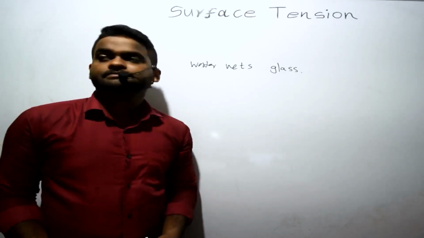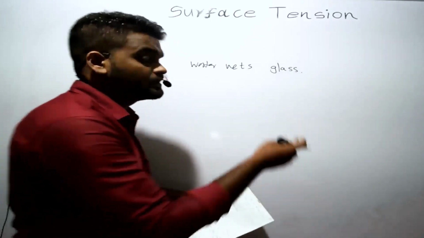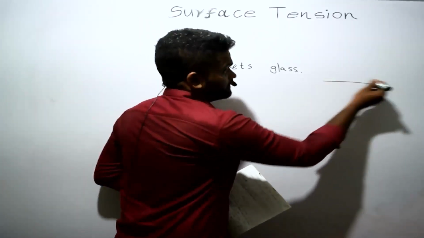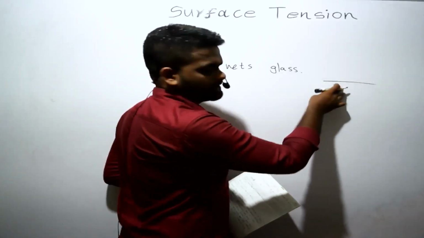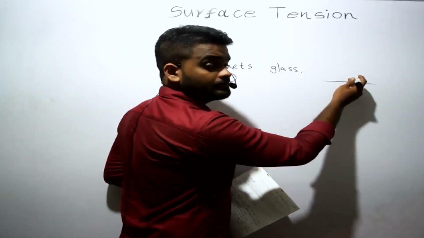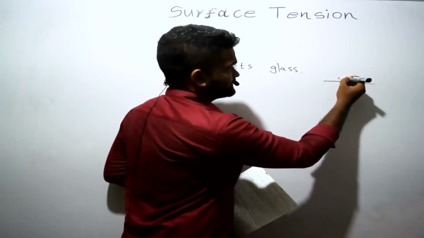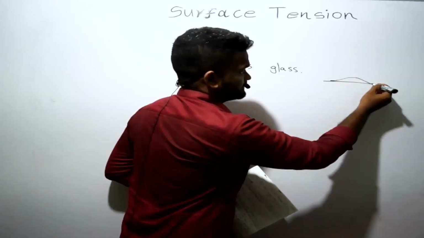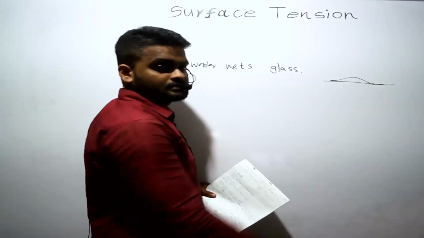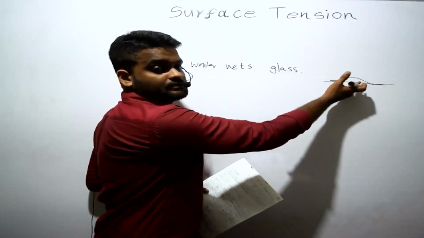So what does it mean? You have seen that, right? When you put a small amount of water on a glass surface, it wets the glass surface. It sits on the glass surface like this.